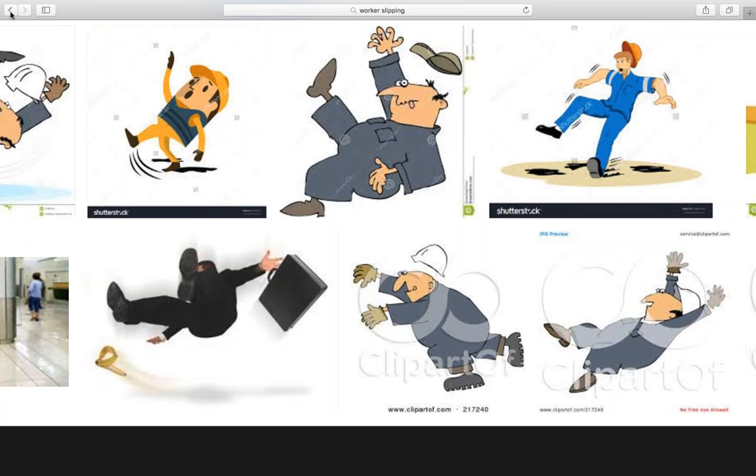Okay, so let's talk about some of the common unsafe acts that we find on a job site. Failing to properly use our PPE. Failing to warn coworkers of potential hazards, kind of like what I was talking about with that wet floor. Also, not following instructions or procedures, using defective equipment, using improper lifting techniques, taking an improper or awkward working position, making safety devices inoperable, or jumping out safety devices.